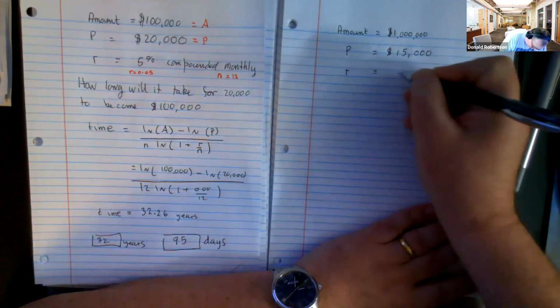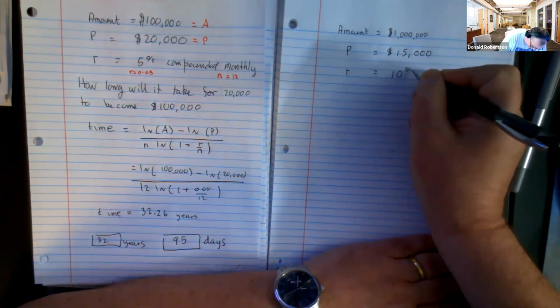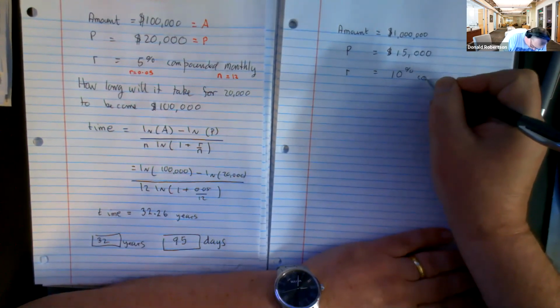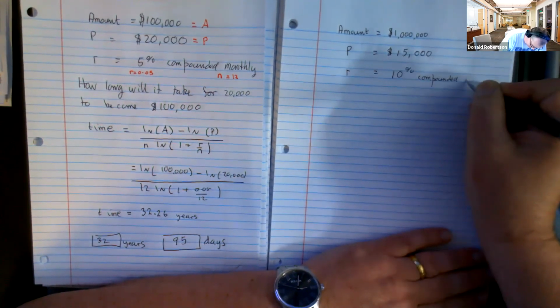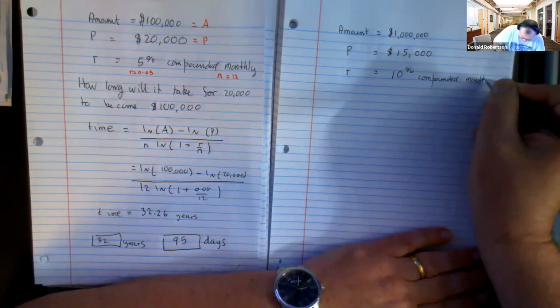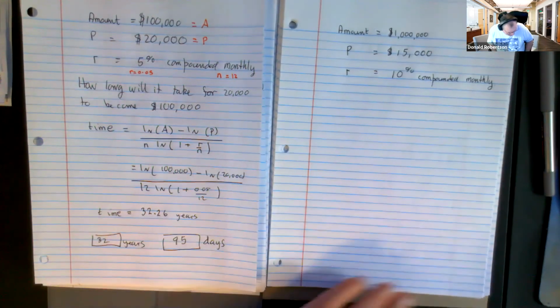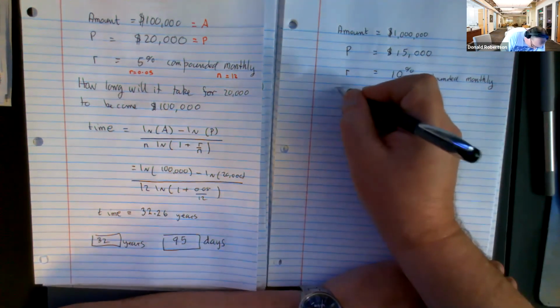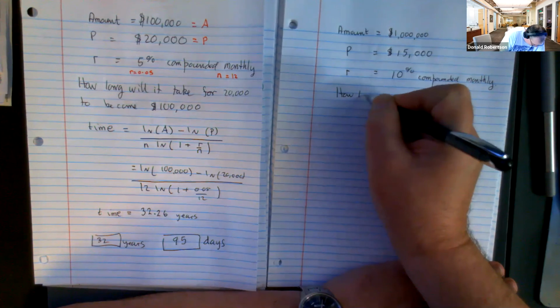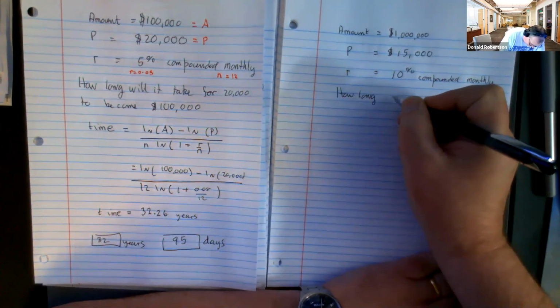But I am lucky that I can get a 10% interest rate compounded monthly. So somehow or other, I managed to get a really good deal on the interest rate. And the question is, how long will it take?